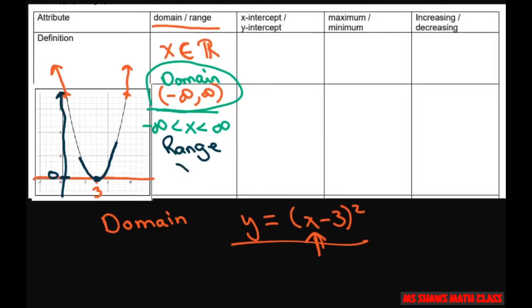So the range is y greater than or equal to 0. In interval notation, you'd write it as 0, with the bracket, comma, to infinity. And like we did last class.